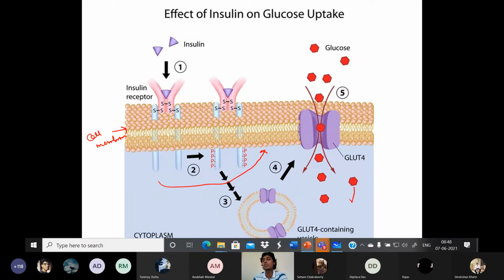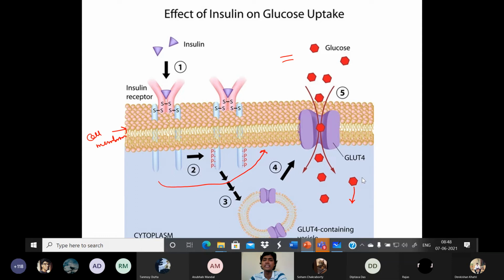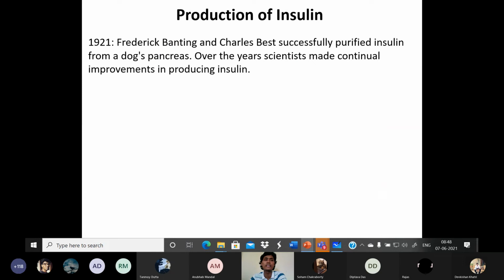Now this glucose molecule will be metabolized and it will give you energy. As a result, the amount of glucose in the blood outside the cell will also decrease, which is required. And on this slide, if you forget this enzyme, GLUT4, all those things, nothing will happen. I'm just trying to explain the overall idea.